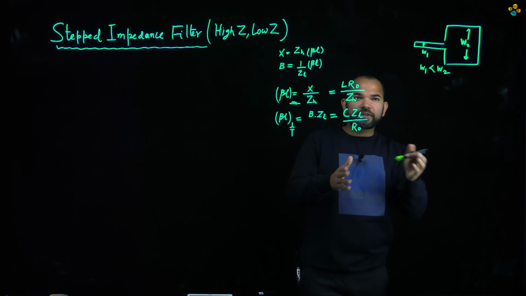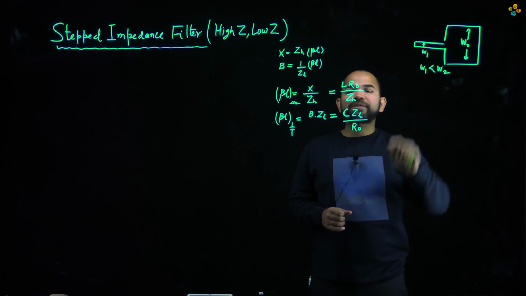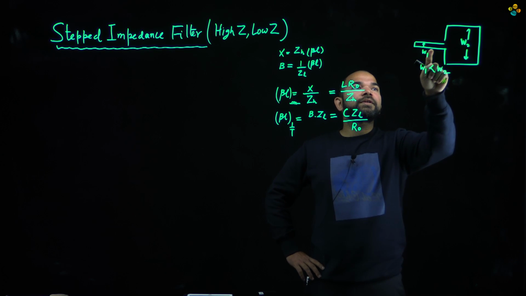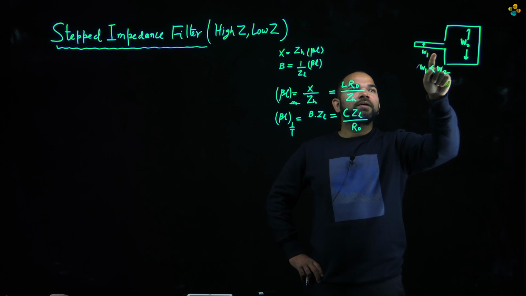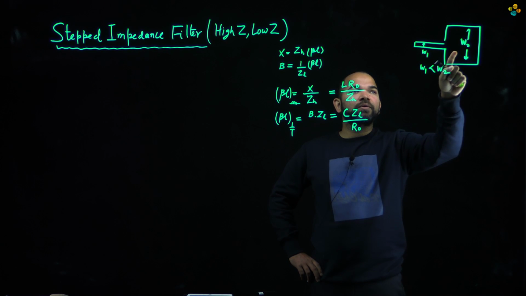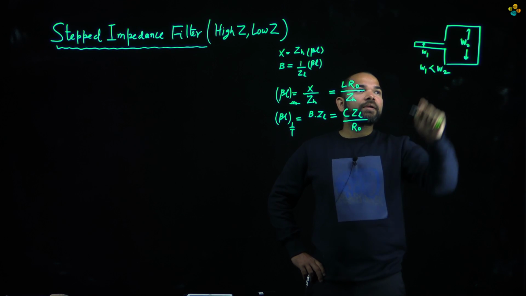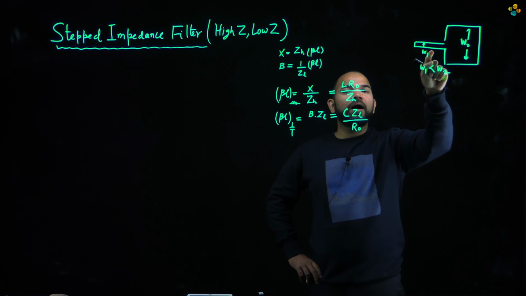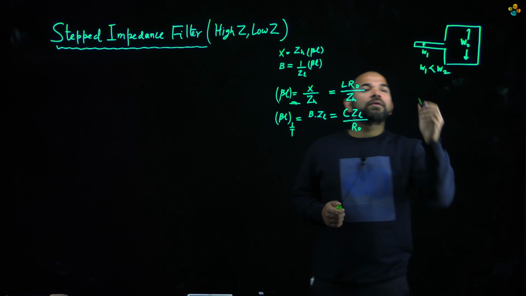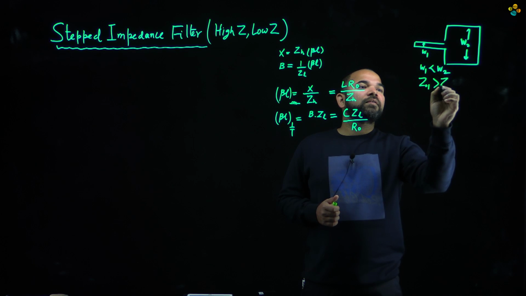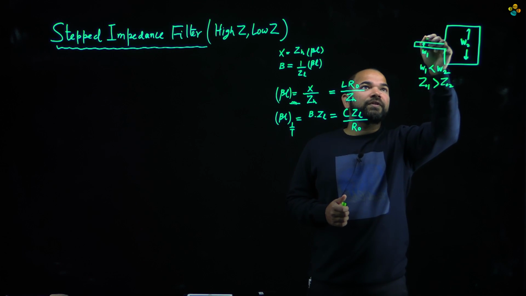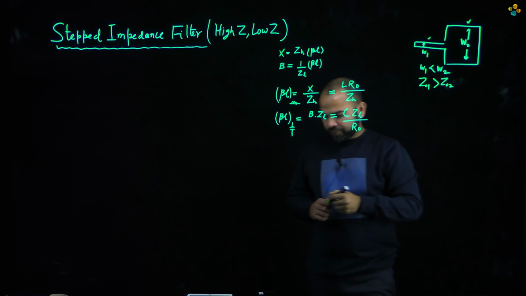For microwave microstrip lines, the line with the smaller width is a high impedance line with respect to the other. So this is a low impedance line and this is a high impedance line. In terms of characteristic impedance, Z01 would be greater than Z02.